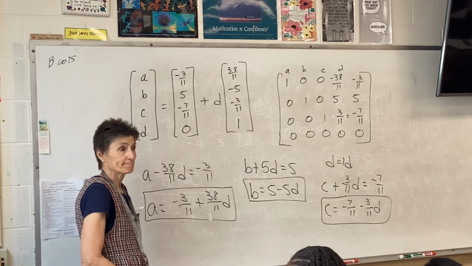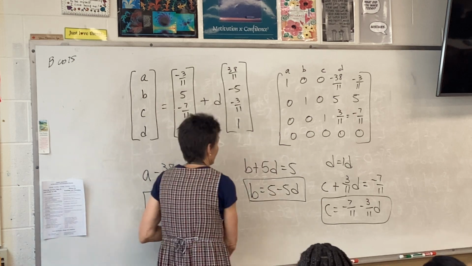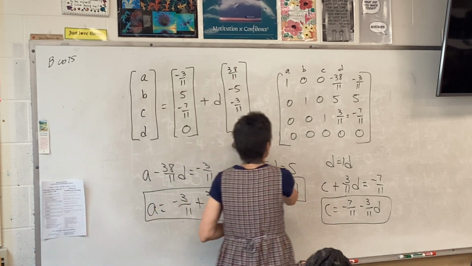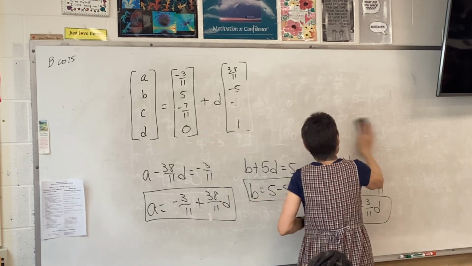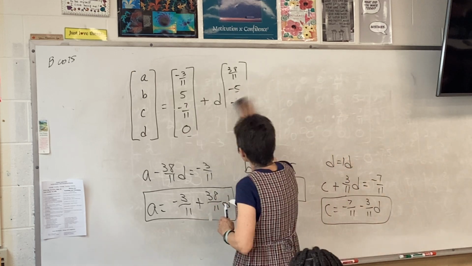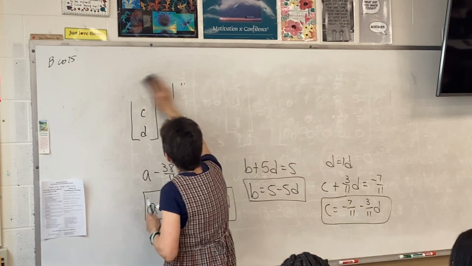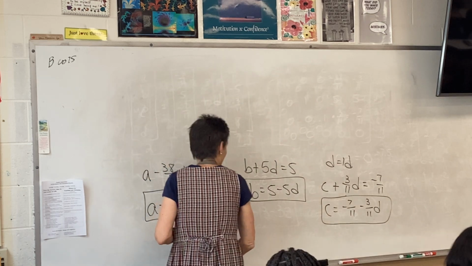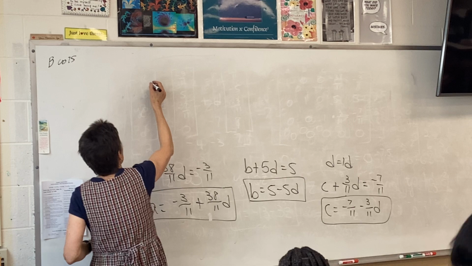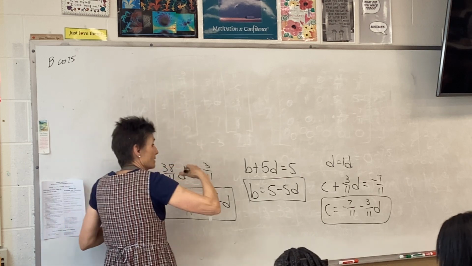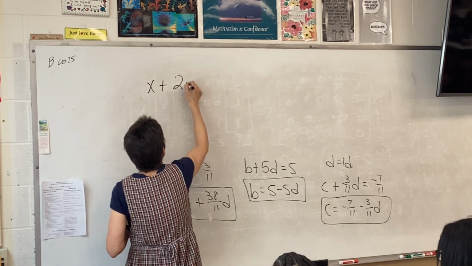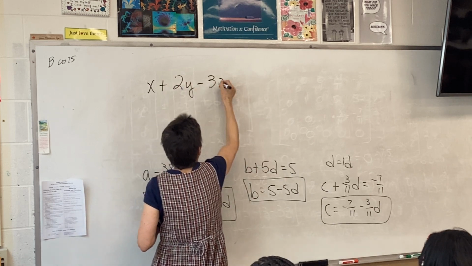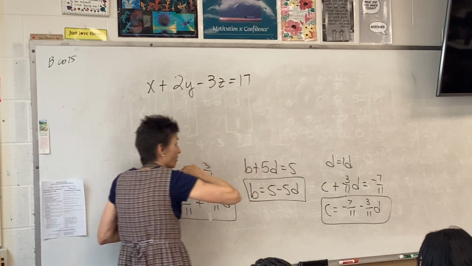Okay? Now, I gotta make 2 points here, so we're gonna make one up. I need an XYZ equation from Van. Van, give me an XYZ equation. Just like, x plus 2y minus 3z equals 17. All right?